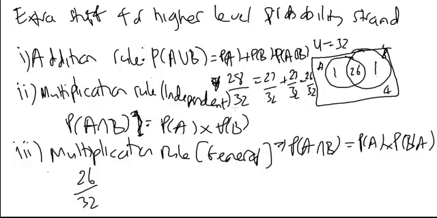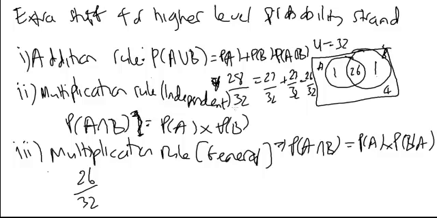The new thing here is, what does that mean? What is the probability of B given A? Well, the probability of A is, there's 27 people who like chocolate, or with A, ice cream. So I know that's 27 over 32.